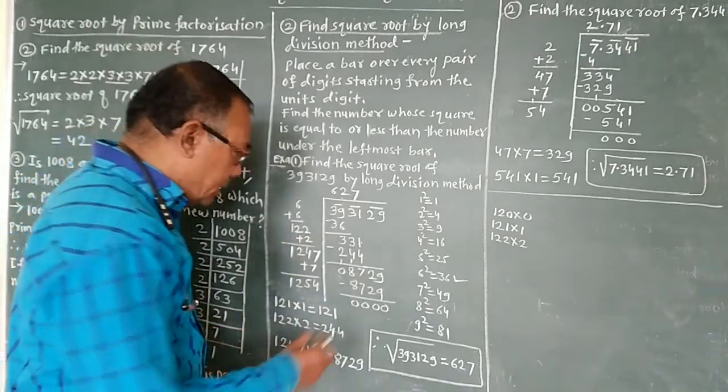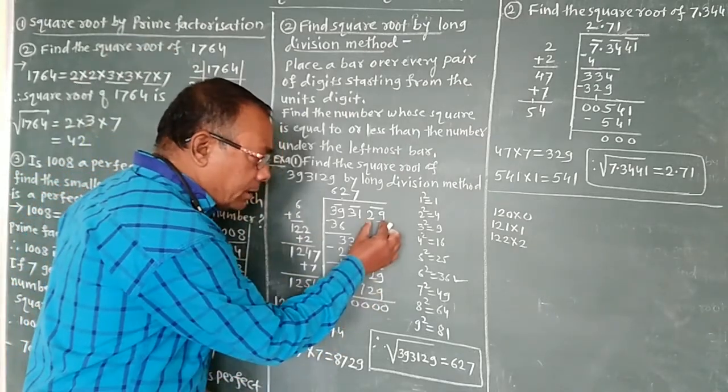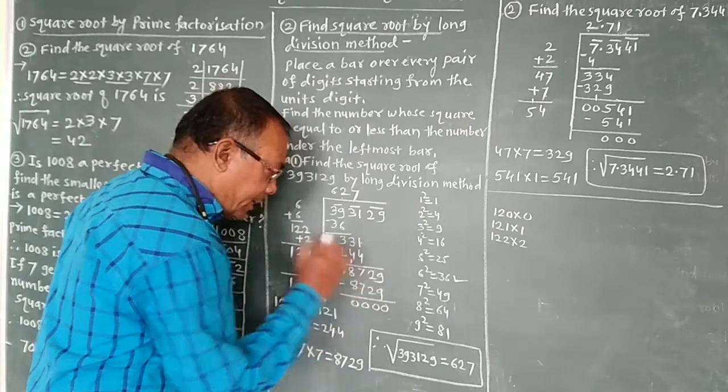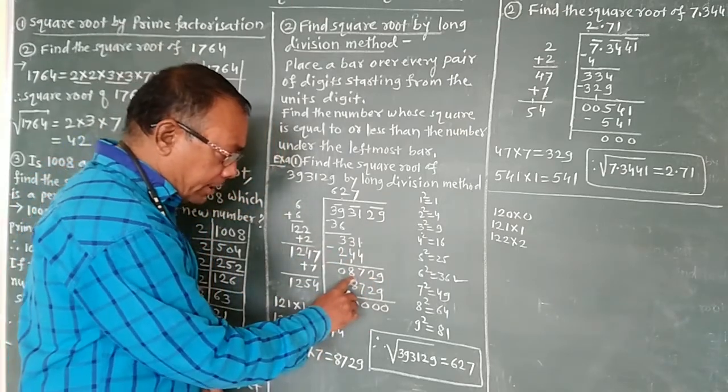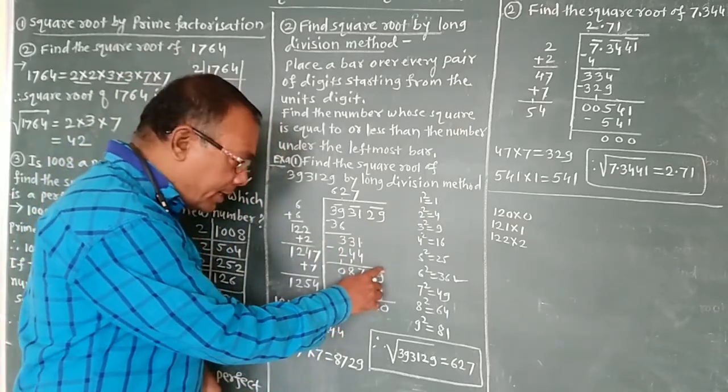Now take the next group, 29, so our number is 8729.